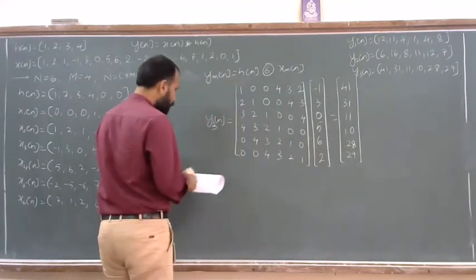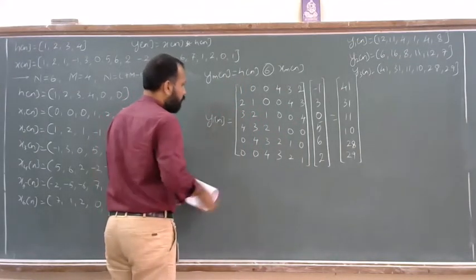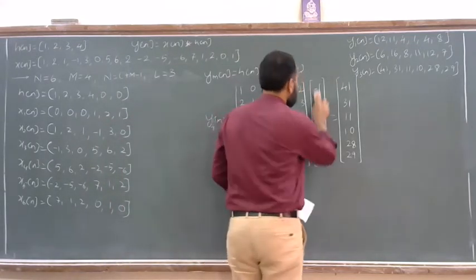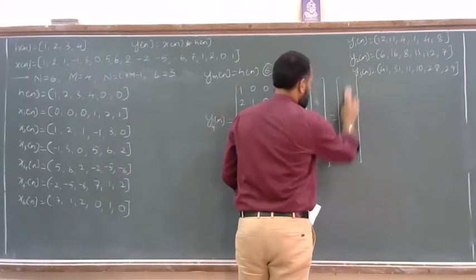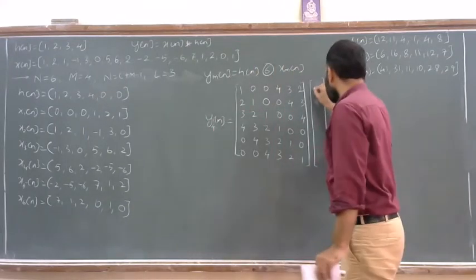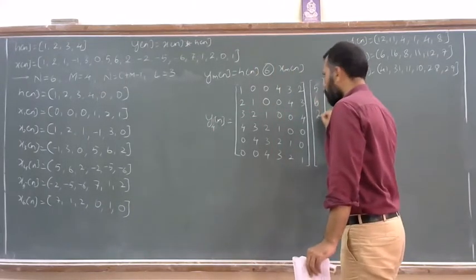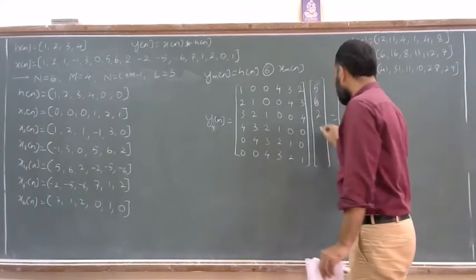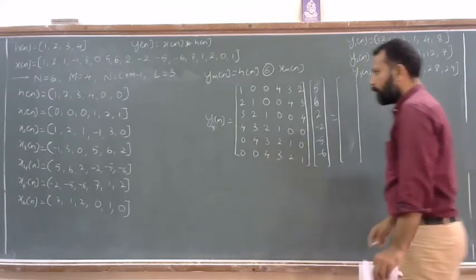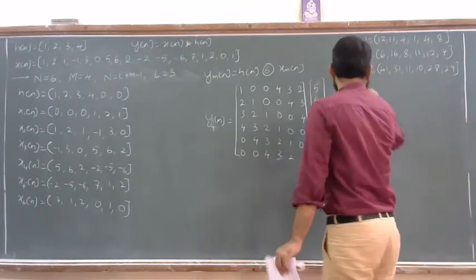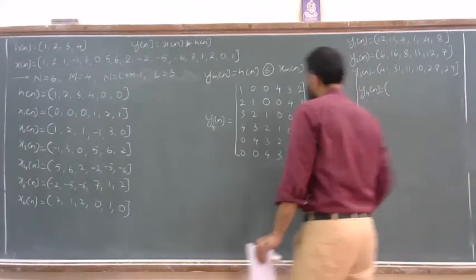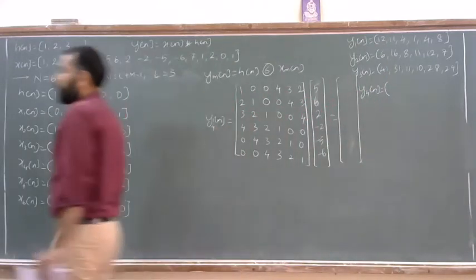Next, to obtain y4 of n, the data segment is 5, 6, 2, minus 2, minus 5, minus 6. You multiply all those sequences.